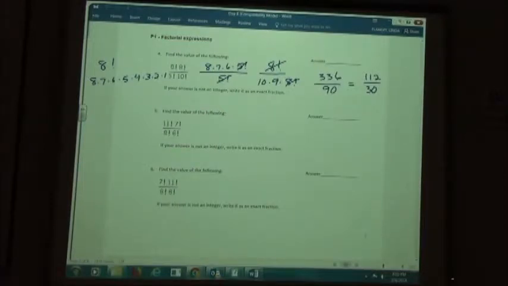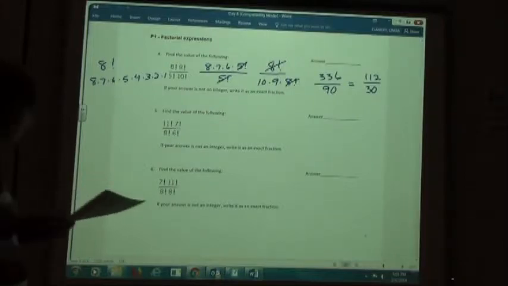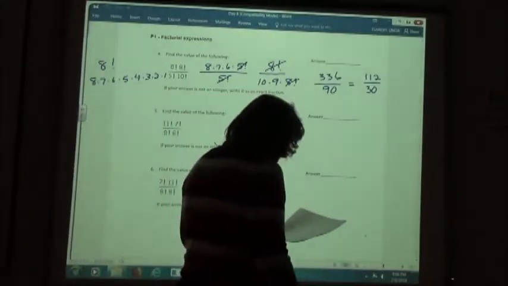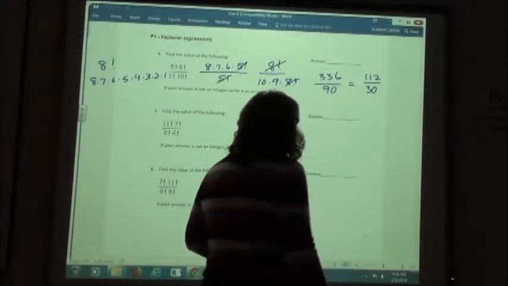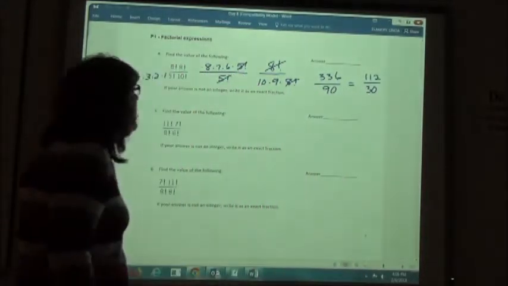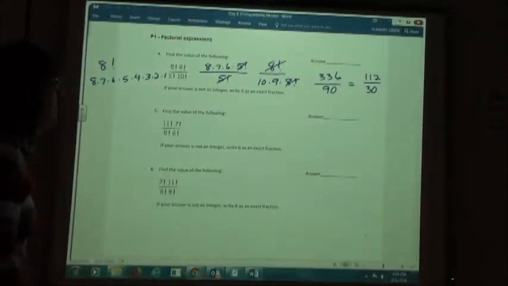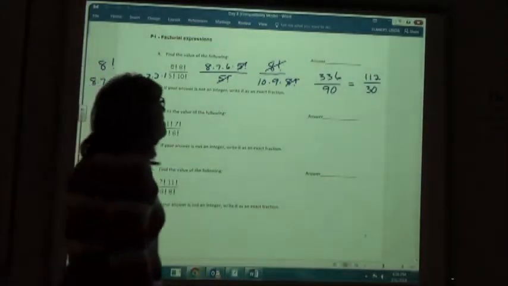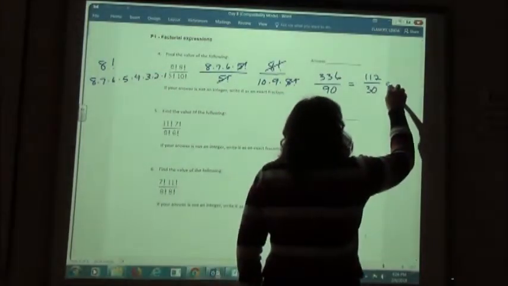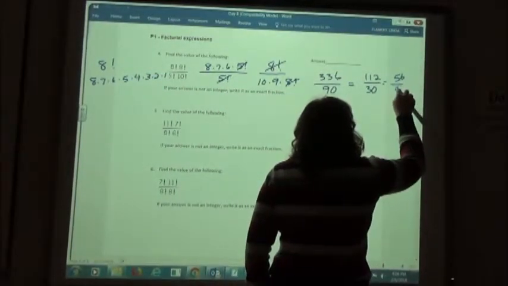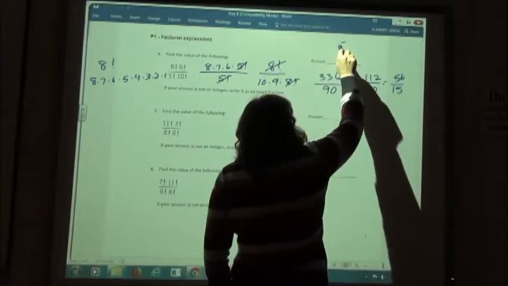I don't know if you can do 10 without getting a decimal, right? Does 3 go into 112? No. But 2 goes into both of them. I can divide by 2, right? So 56 over 15. And then I think we're stuck.